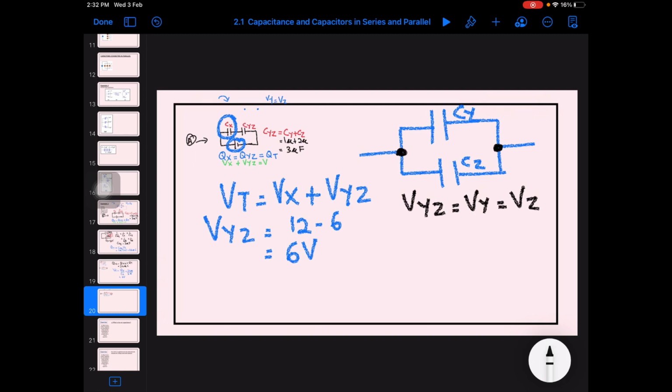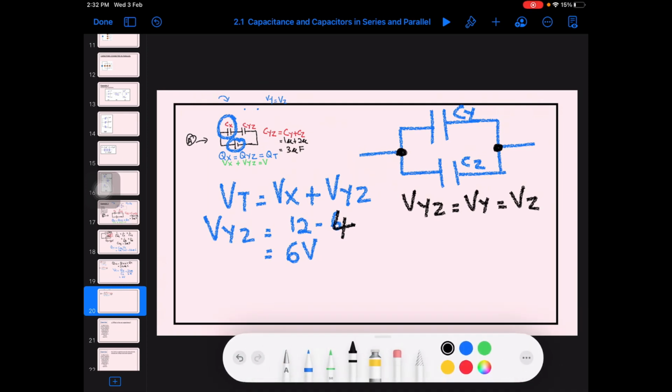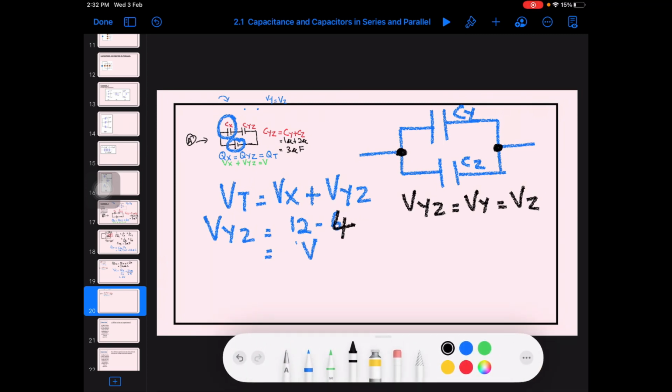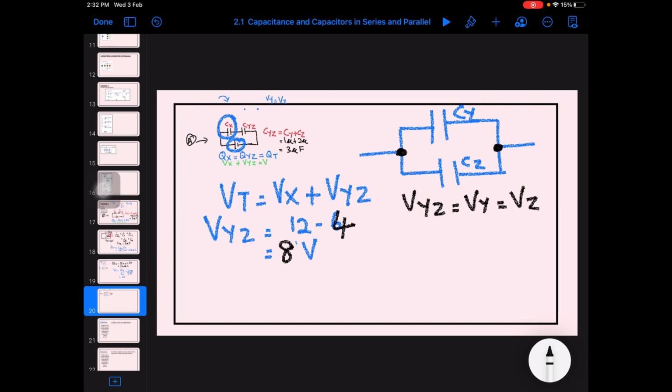Oh ni Vx tadi bukanlah equals to 6, it is equals to 4. So VYZ is equals to 8 volt. Okay, so it is equals to 8 volt. So VY 8 volt, VZ 8 volt. The question is we need to find Q and V. So we can find QY.